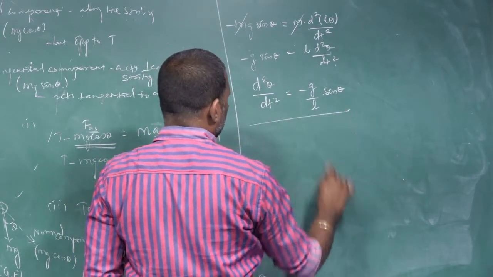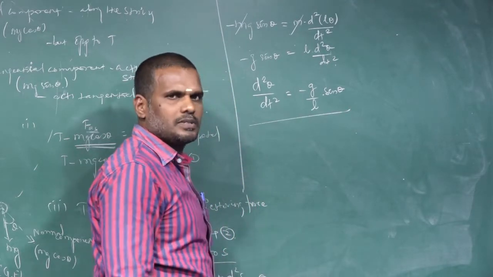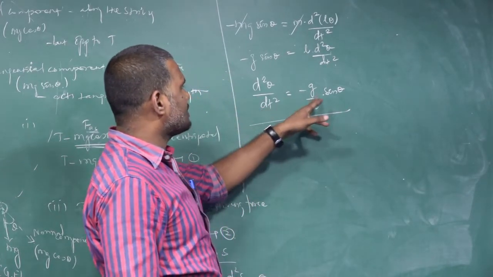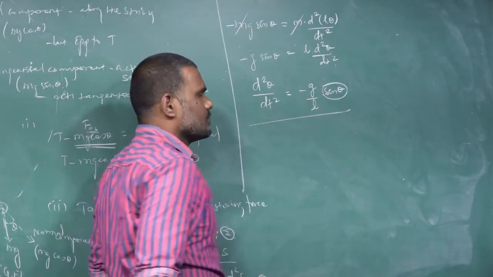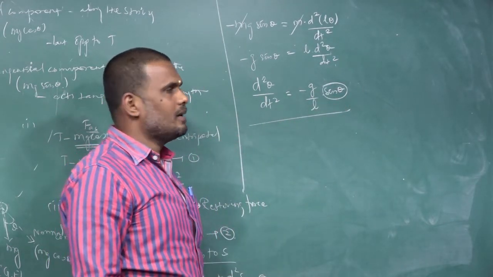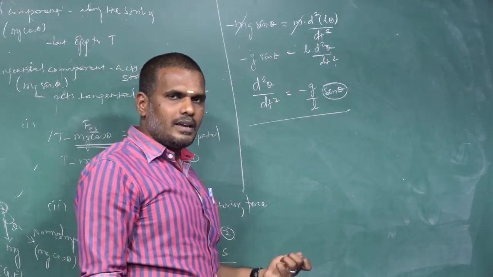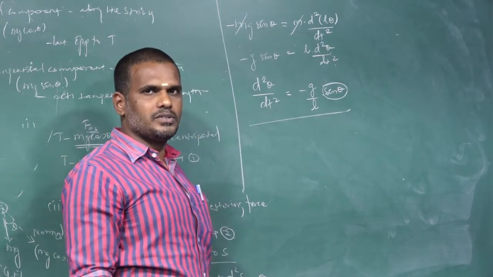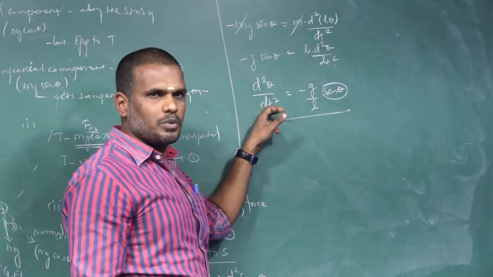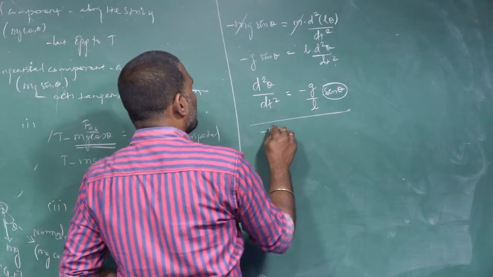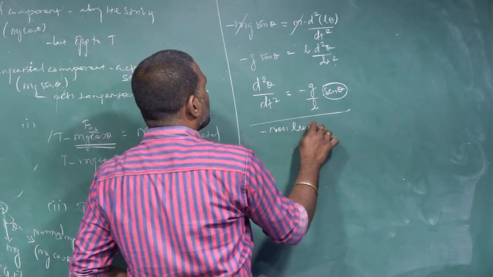If you look at this expression, this differential equation has a term sin of theta. The sin of theta varies sinusoidally, as you know. So this equation is a non-linear differential equation.